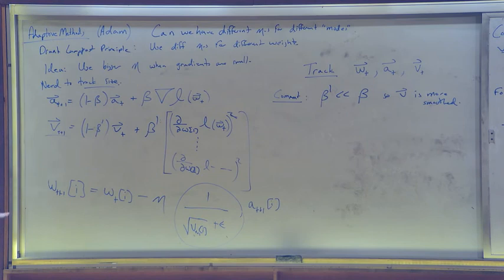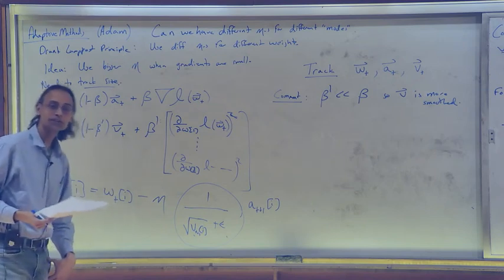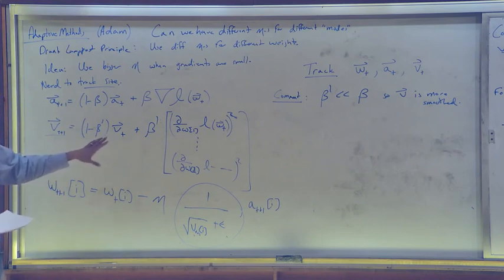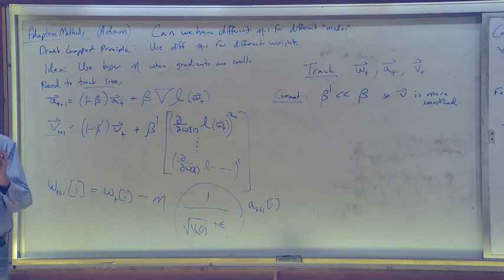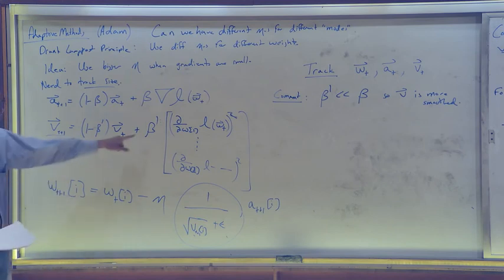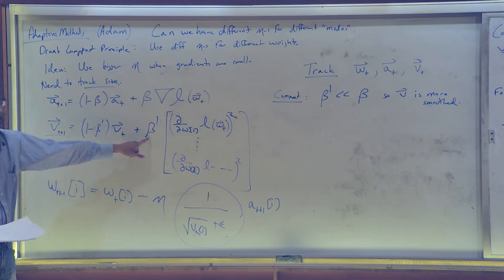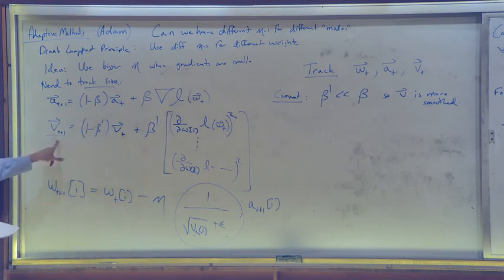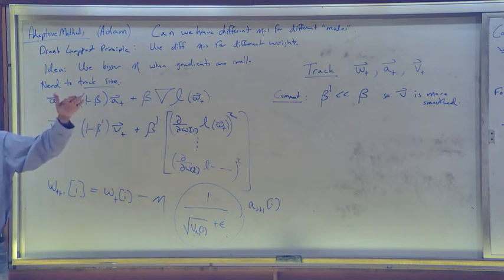Next thing is another level of detail that I don't even want to write all the details out for. Once you've committed to this, that the beta prime is going to be smaller, then you have an issue which already existed in gradient descent with momentum, but kind of comes to a head here: if this is a very small number, this thing has to be initialized somewhere. And this thing is being initialized in some way, so it's actually going to be ramping up to the average size very slowly.